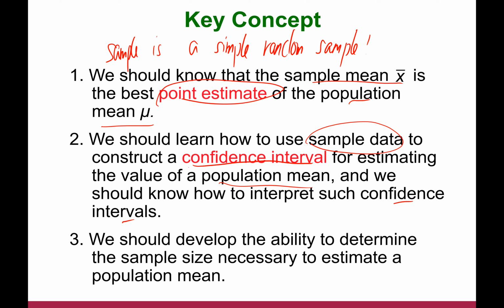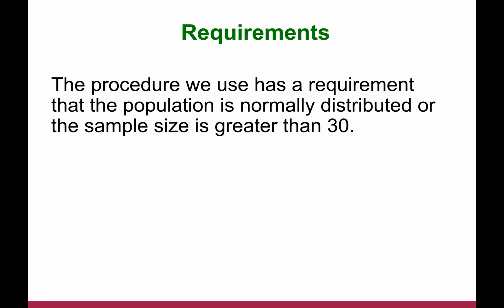We also will develop the ability to determine the sample size necessary to estimate the population mean. The procedure we use has requirements. The first one is the sample is a simple random sample.